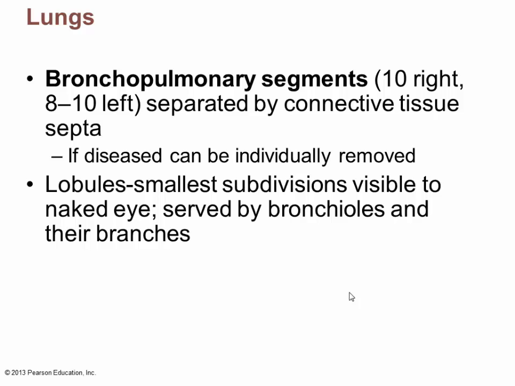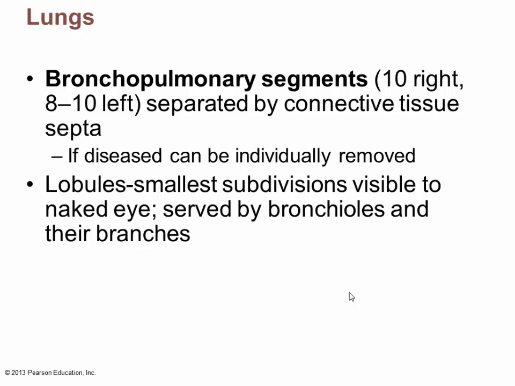They each have their own artery, they each have their own vein, and they each receive air supply from a tertiary bronchus, one of those little 3 with a little degree symbol after it. What's nice about it? Because each has its own airway, each has its own blood supply. If one particular bronchopulmonary segment is diseased or has cancer, you can remove just that one without affecting anything else.